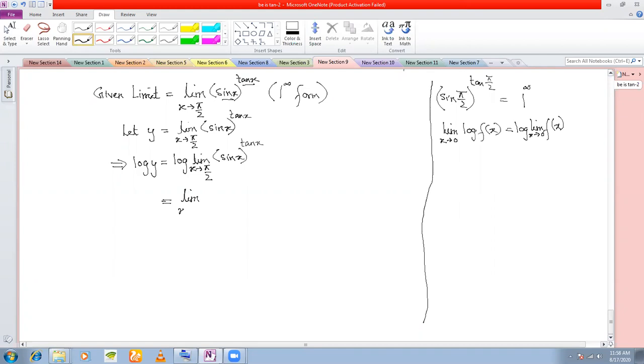Limit x tends to pi by 2 log sin x to the power of tan x. You can write this as tan x log sin x.